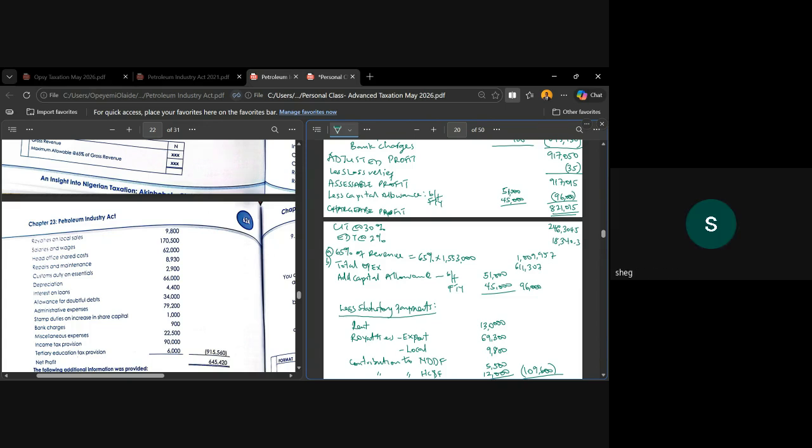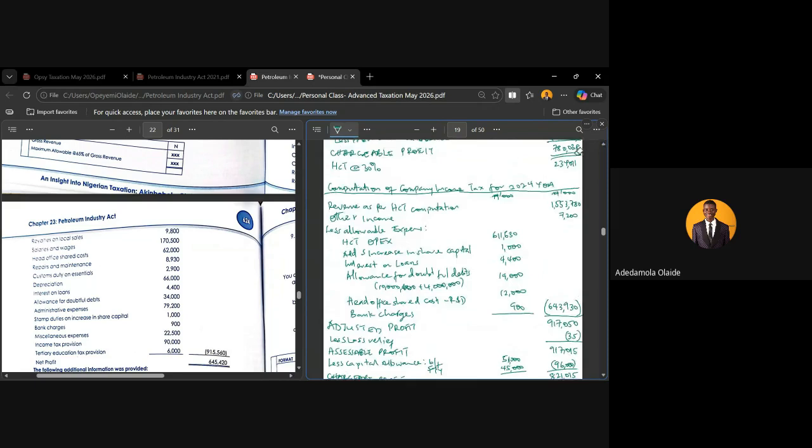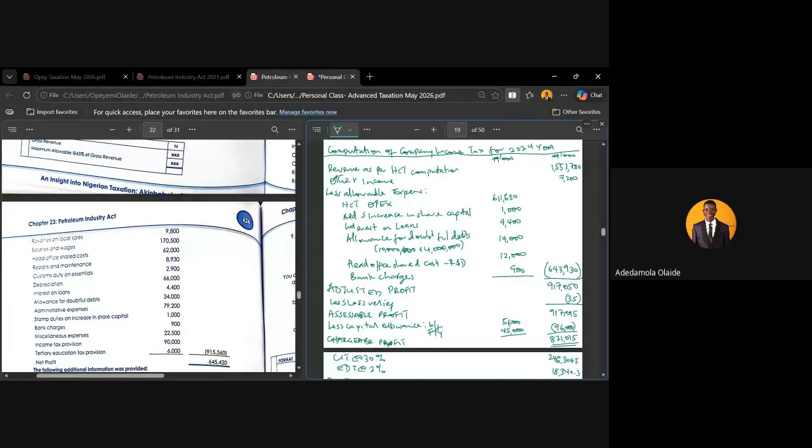My question is, computation of company income tax, in respect of this computation, does it commence from the 65% of revenue, abi? No. This doesn't have anything to do with that 65%.